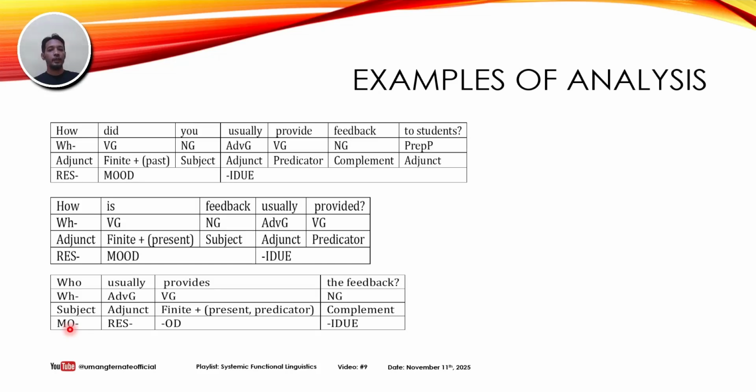But as I said at the beginning of the video, interpersonal meaning also covers two other systems, the modality system and the appraisal system, which show that the interpersonal meaning in SFL is not this simple.